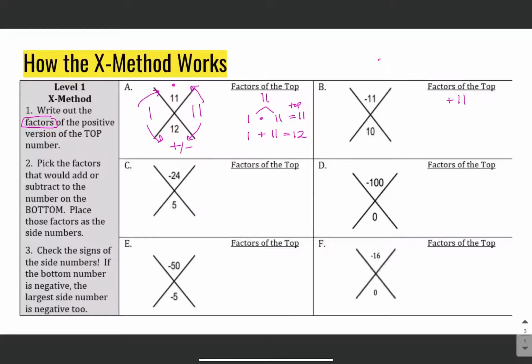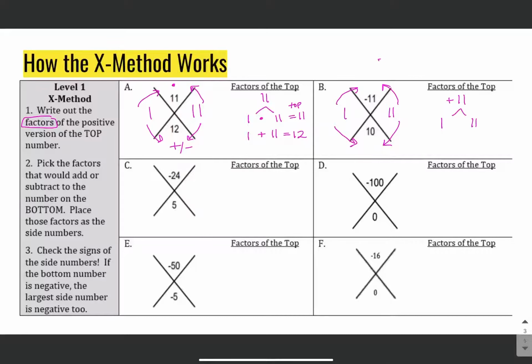So for now, I'm going to do the positive versions, and again, I have 1 and 11. But the issue is, if I were to multiply to the top, I would get a positive 11. I need to get a negative 11. I also need to be able to combine to the bottom, and that needs to combine to 10.